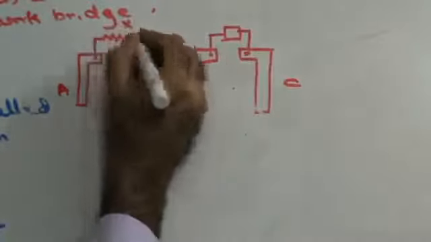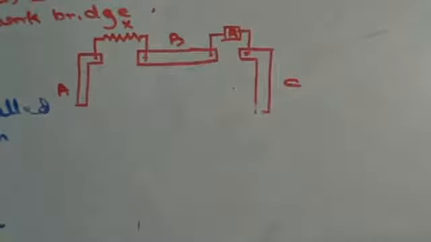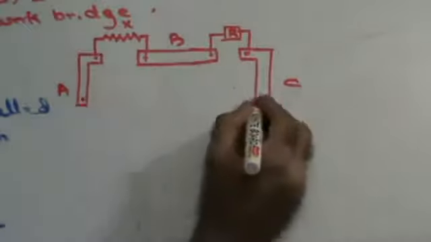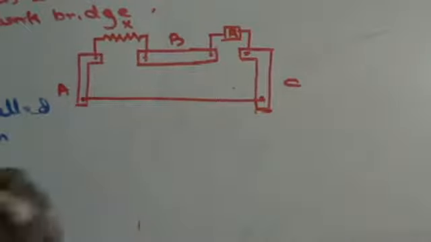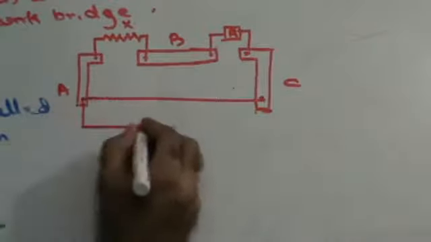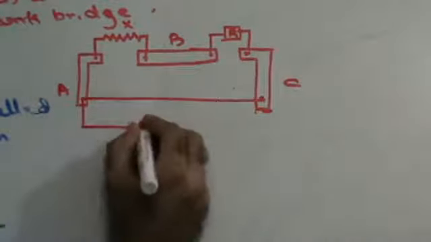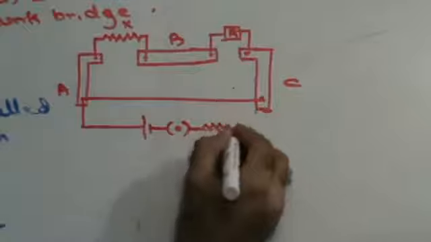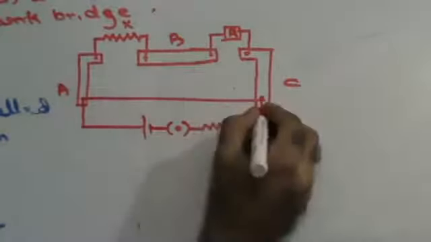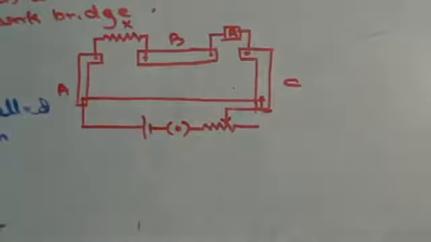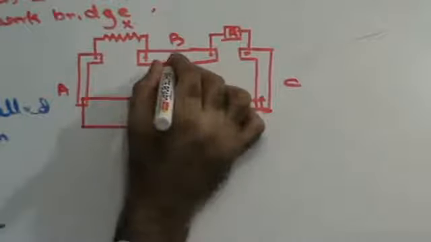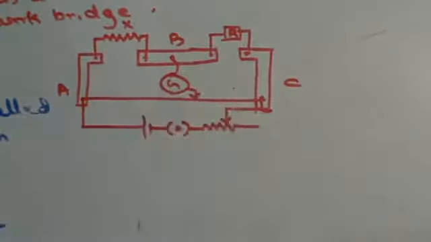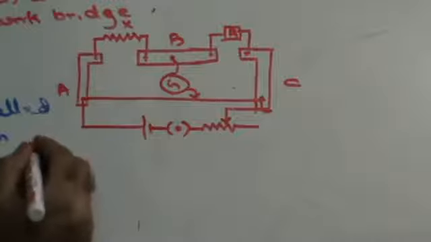This is your resistance X, this is your resistance box R. Then a wire is connected across A and C, which is then connected to a power supply, a key and a rheostat. A galvanometer is connected from strip C onto the wire.